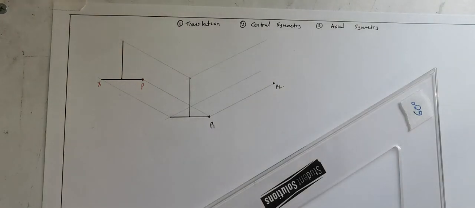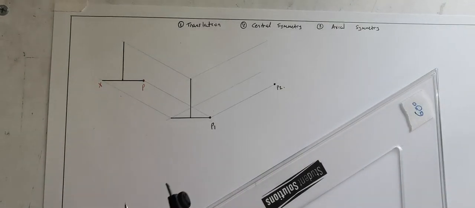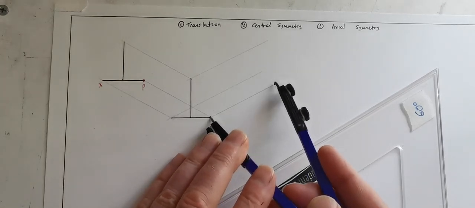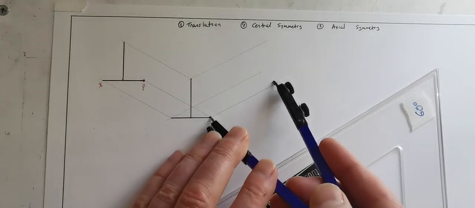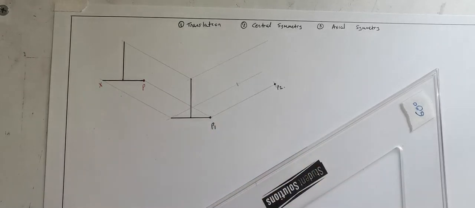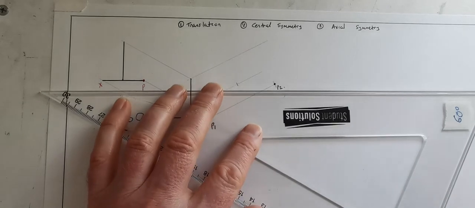Just get my compass. Now, if P slides that far, X slides that far, so I can join them.